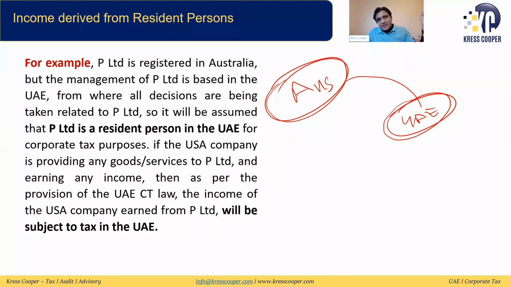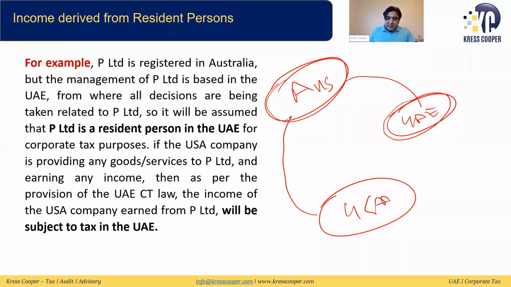This we have already established in our first lecture. Now this is one person. This is a USA company. This USA-based company is supplying any goods or services to the Australian company, earning income. Once this USA company is earning any income from the Australian company, at the end of the day, this is a UAE-based company, because this Australian company is being managed and controlled from the UAE.